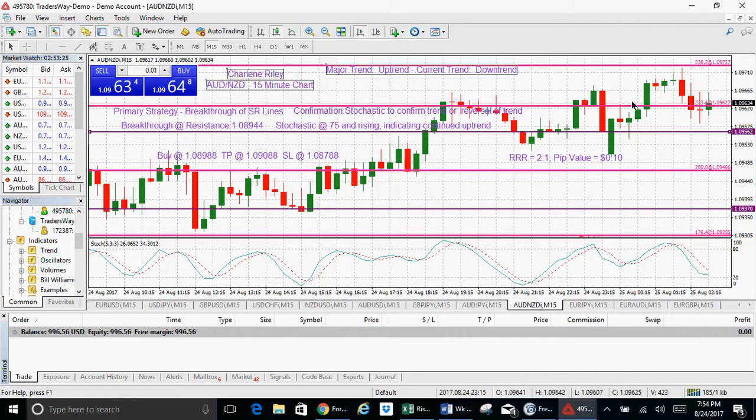And now we are approaching the next 15-minute period. So I probably wait until the close of this current candlestick before I actually enter into a buy or a sell.